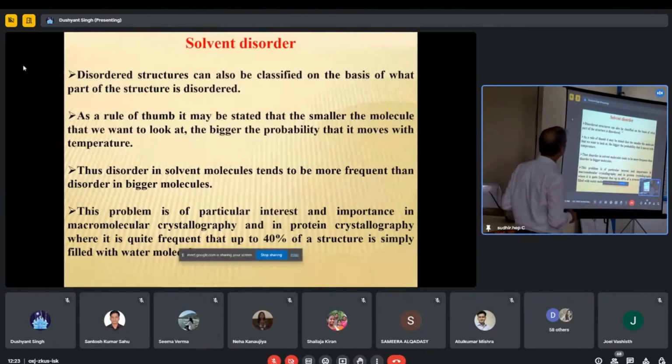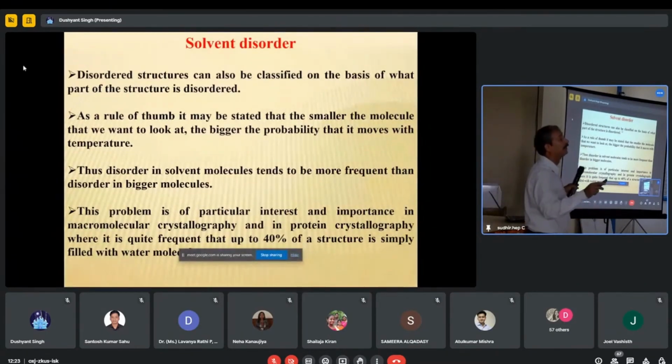Disordered structures can also be classified on the basis of what part of the structure is disordered. As a rule of thumb, it may be stated that the smaller the molecule that we want to look at, the bigger the probability that it moves with the temperature. Small parts of the molecules, the side substituents, peripherals, thus disorder in solvent, because if the molecule is bigger, water as a solvent is very, very small.